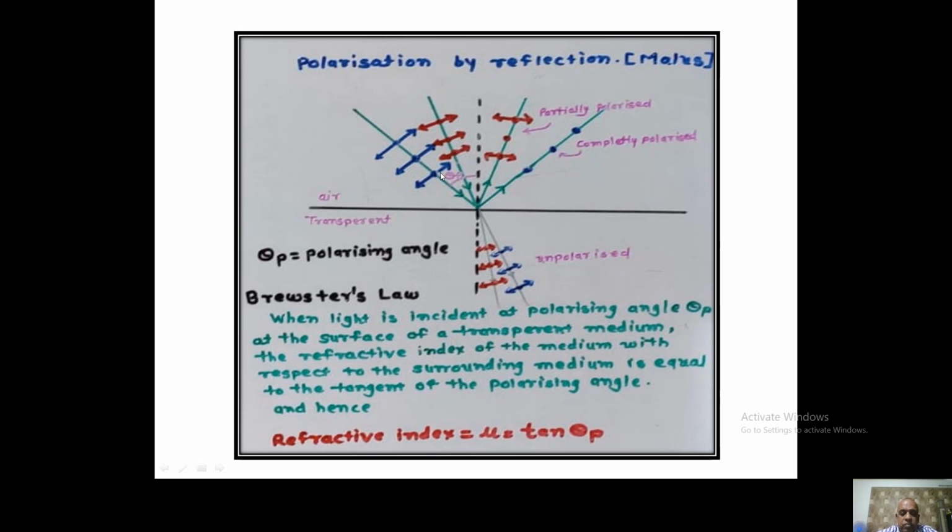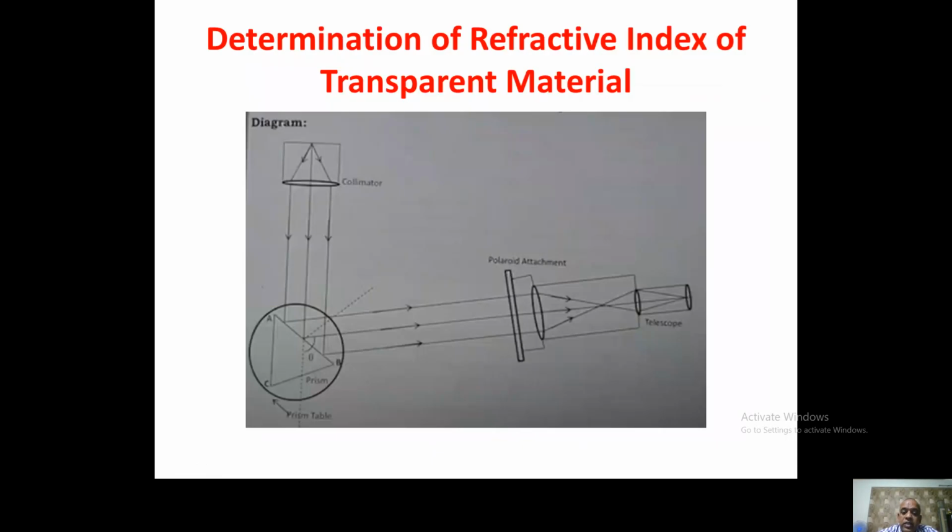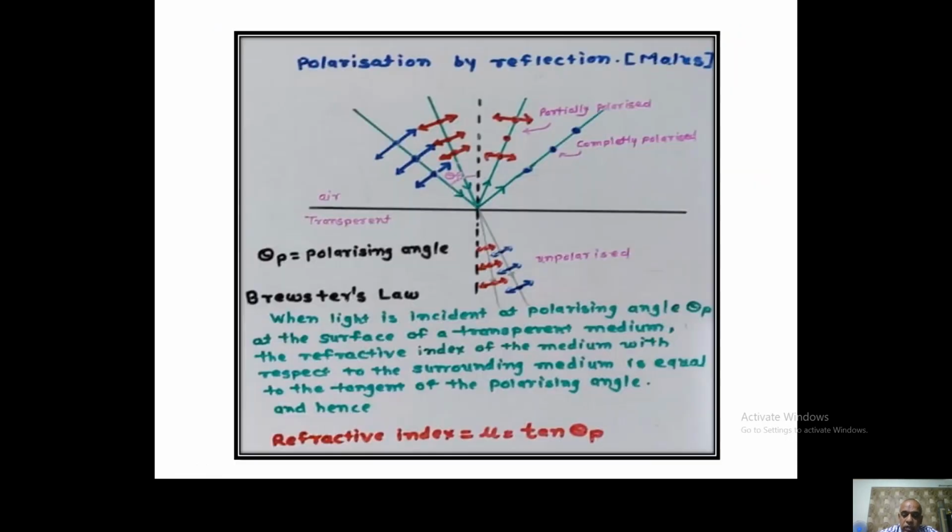Then Brewster explained like this: when the light is incident at the polarizing angle theta p, at the surface of a transparent medium, then the refractive index of the medium with respect to the surrounding medium, that means air, is equal to the tangent of the polarizing angle, and hence mu is equal to tan theta p.